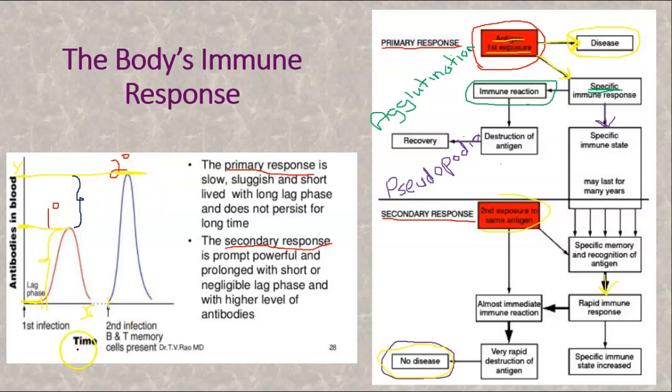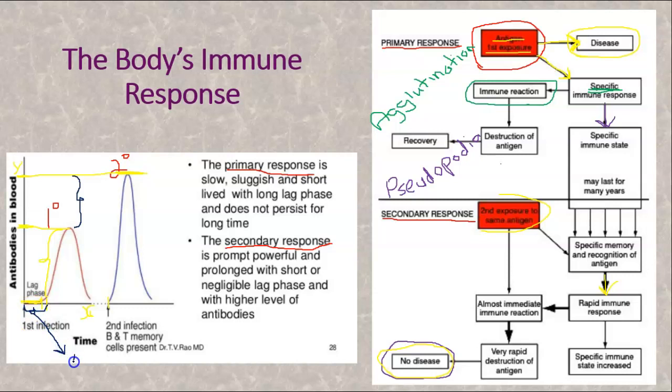So the secondary response is much more effective than the primary response, both in the level of antibodies present in the blood and in the time taken to generate a response. This here represents the time taken to generate a response. It's called the lag phase.